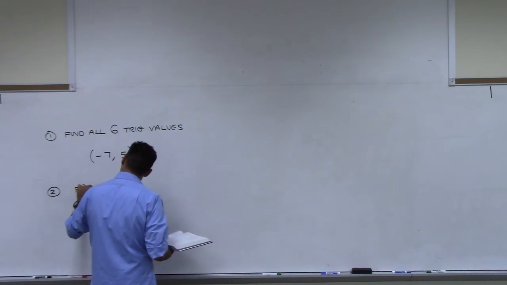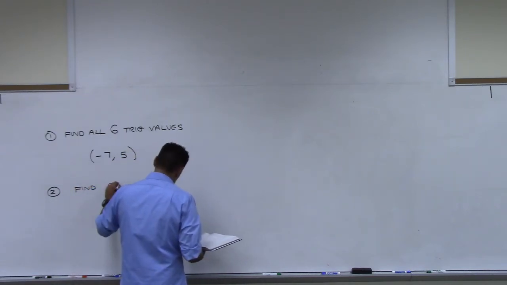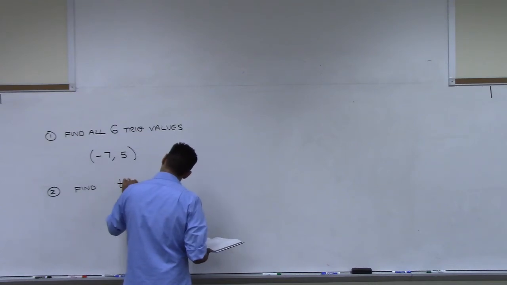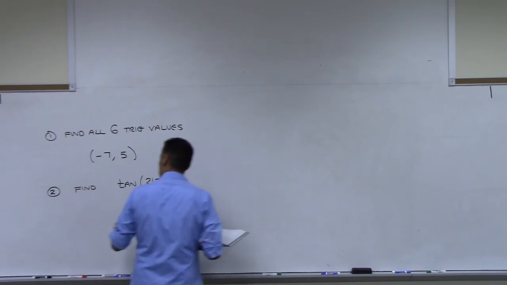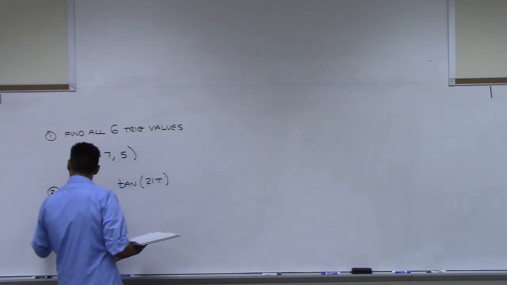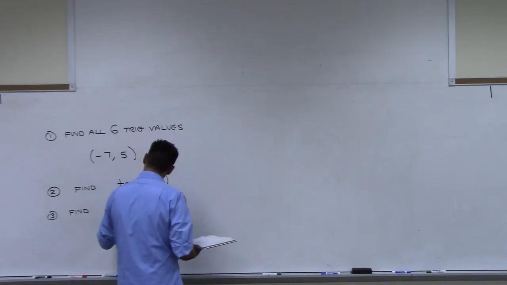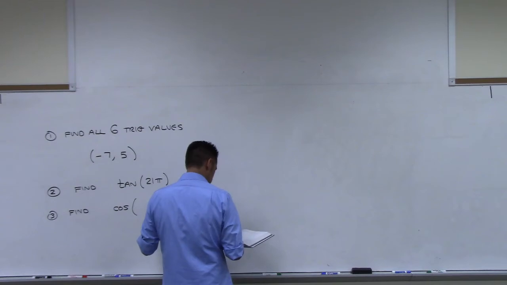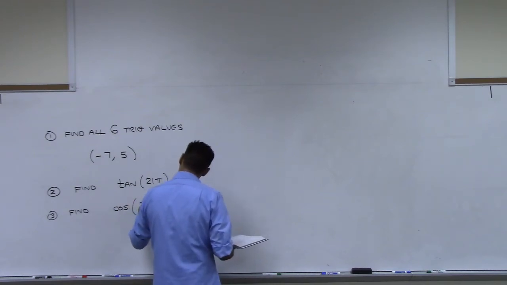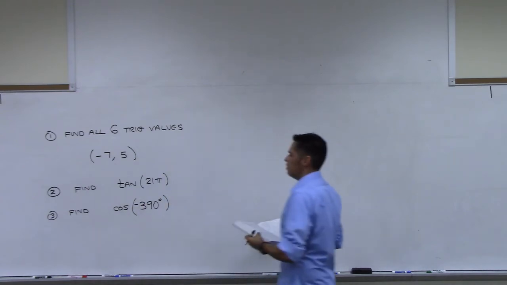Two: find tangent of 21 pi over 3. Three: find cosine of 390 degrees. Let's make it negative 390 degrees.